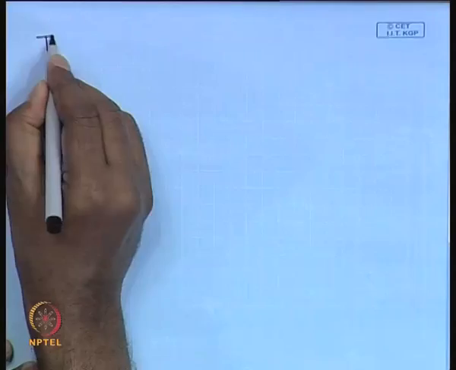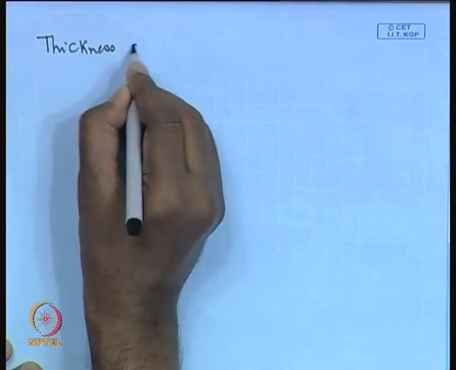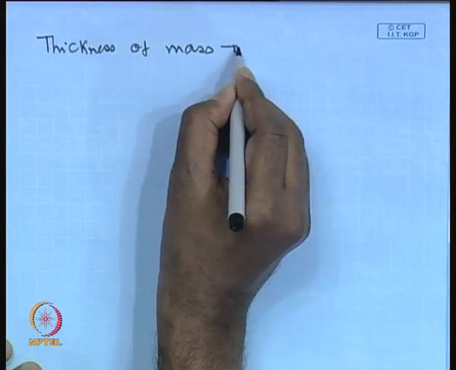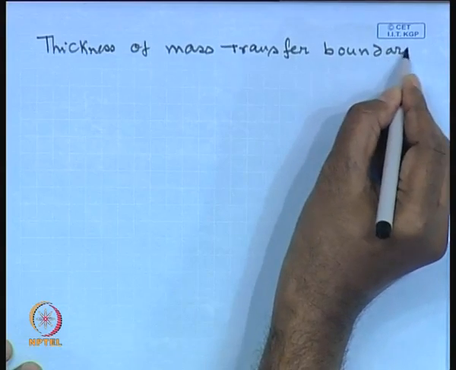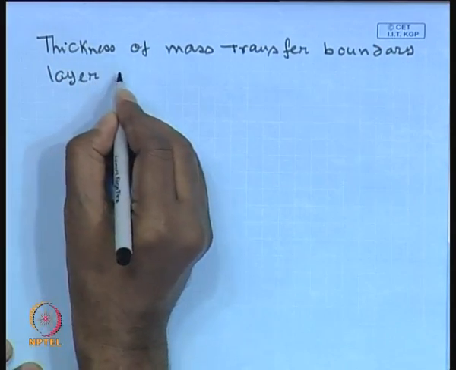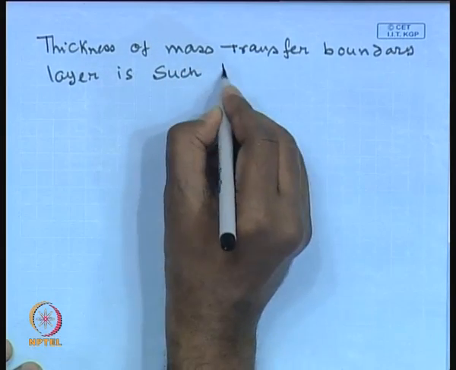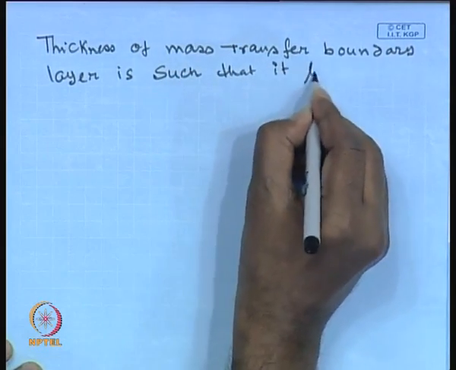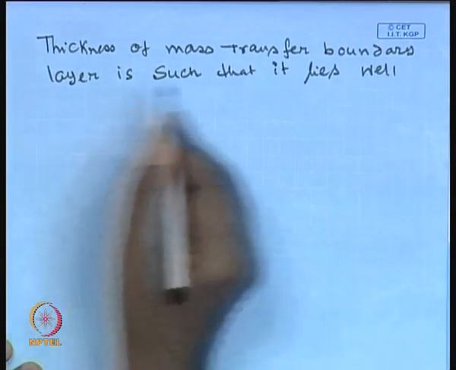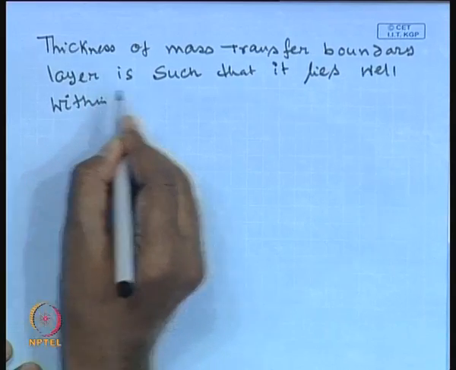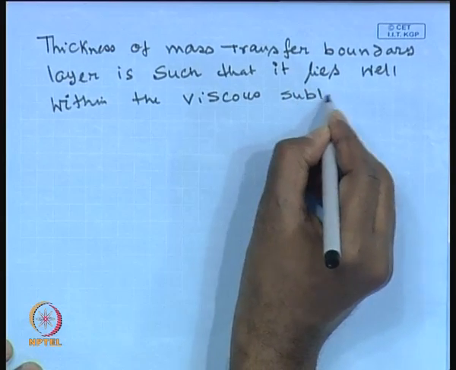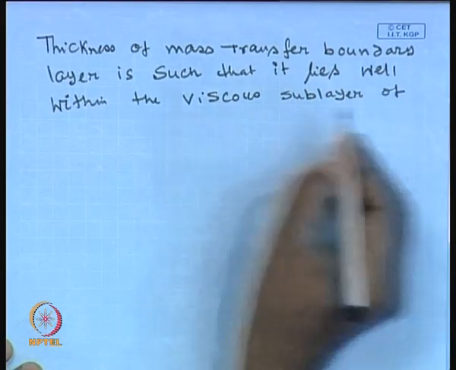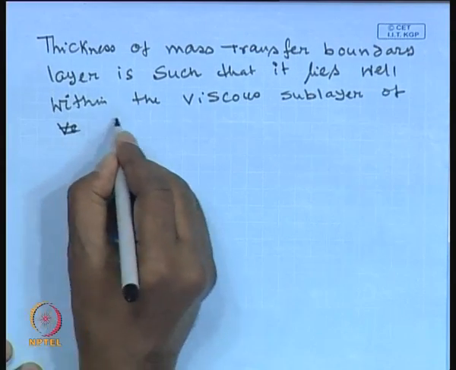So, our assumption is that the thickness of the mass transfer boundary layer is such that it lies well within the viscous sublayer of the turbulent velocity profile.